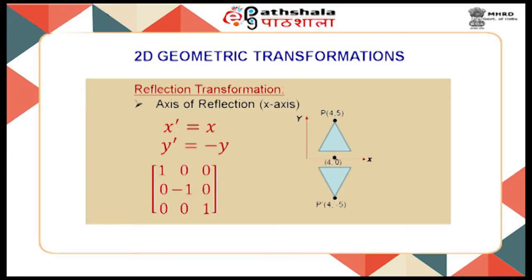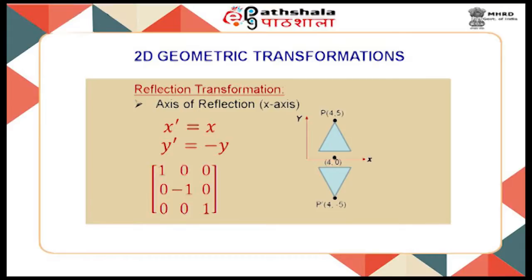So, what is the pivot point about which, if you rotate by 180 degrees, you get the reflected position? Here, the point (4, 0) happens to be the pivot point. The 4 has come from the x coordinate of the point, and 0 is because it is on the reflection axis where the y coordinate is 0.